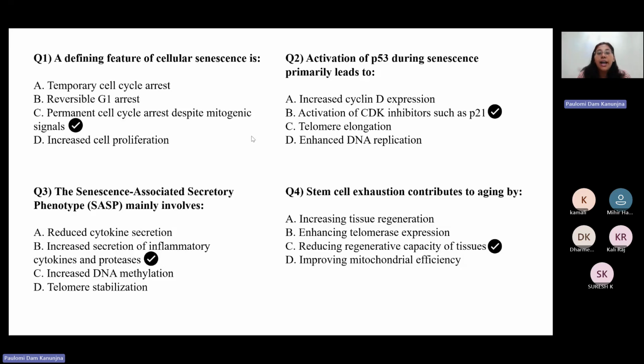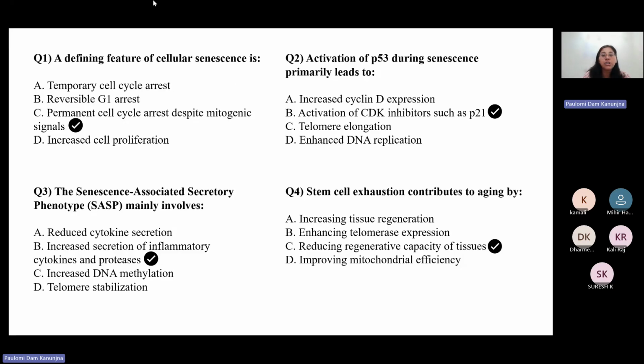Okay. Activation of P53, which I just discussed, P53 pathway and P16 pathway. The P53 pathway works by activating P21, which inhibits CDK and enforces cell cycle arrest, right? The SASP involves increased secretion of inflammatory cytokines and proteases. Why are the other options incorrect? The first one said reduced cytokine secretion, which is incorrect. It is actually enhancing the secretions.